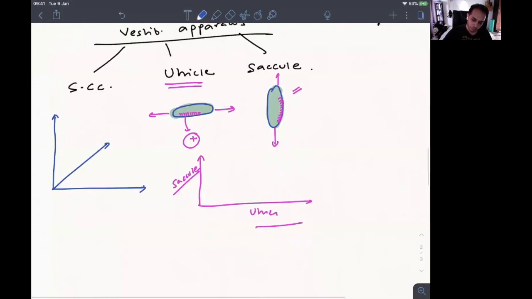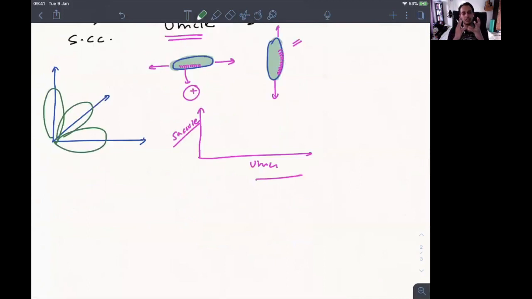So roughly you can think of it as three semicircular canals like this. And since there are semicircular canals on both sides, for the sake of better understanding, you can think about it in this image.